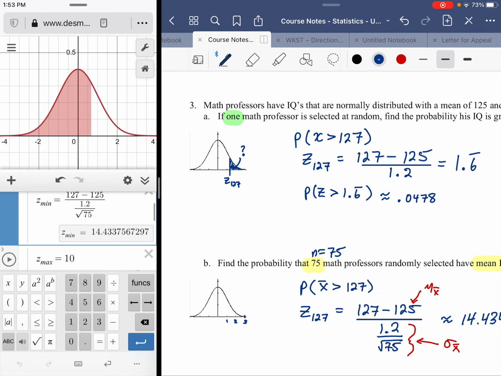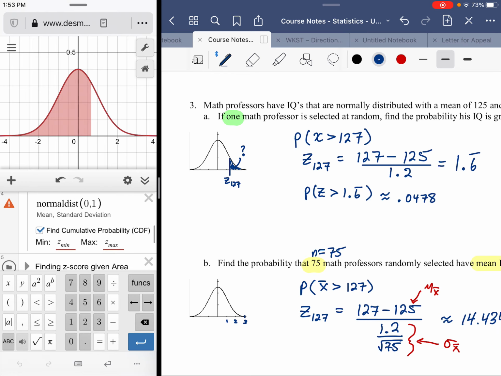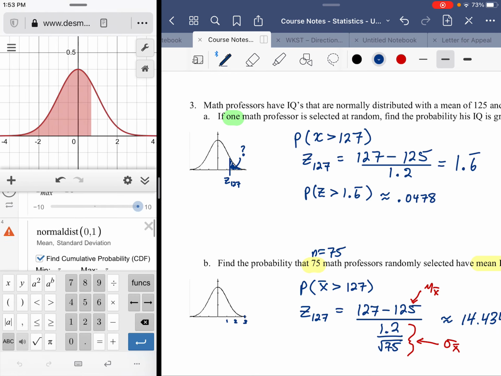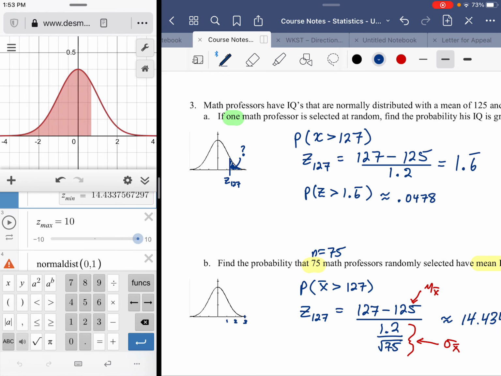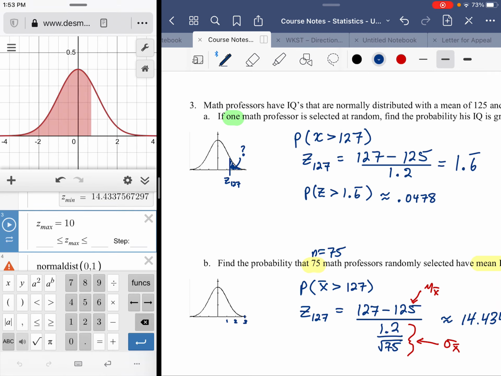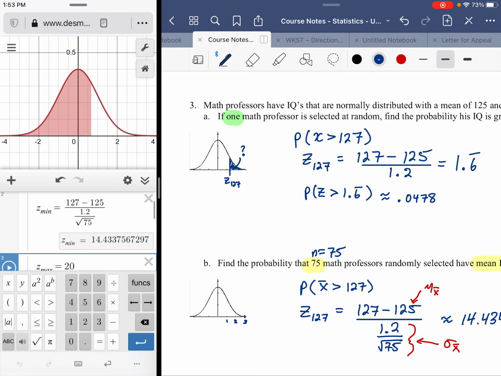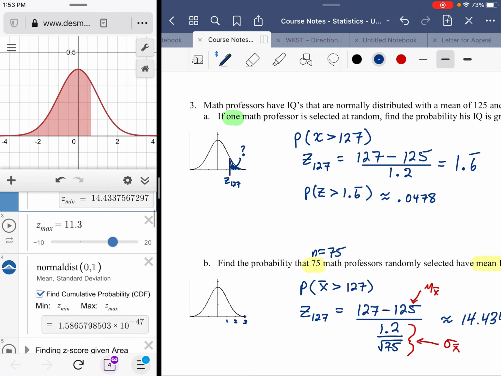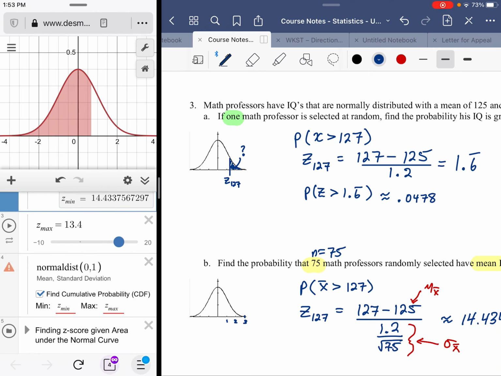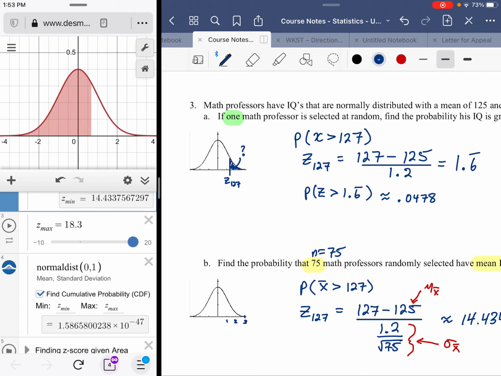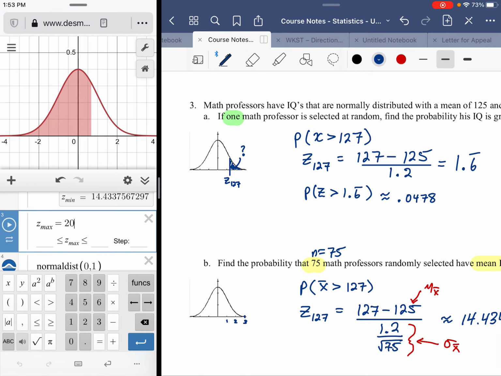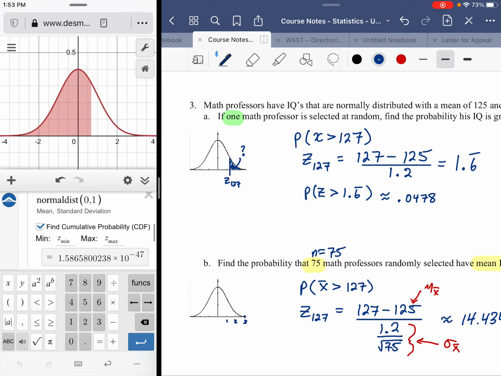So when I want to come up with the probability here, I get an error on my normal distribution. That's because my z max isn't big enough. So that I can do. I can change that to like a 20. And then just do some scrolling here. You've got to get up to about 17 or 18 before it locks into place and converges on the appropriate value.